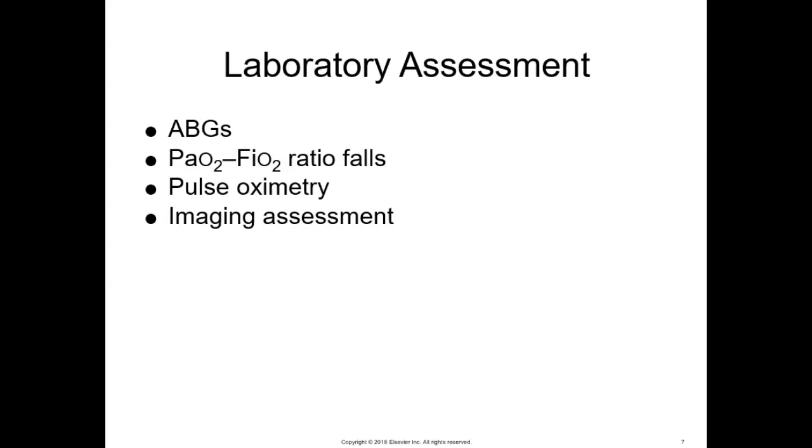Laboratory assessment: the hyperventilation triggered by hypoxia and pain first leads to respiratory alkalosis. The PaO2-FiO2 ratio falls as a result of shunting of blood from the right side of the heart to the left without picking up oxygen from the lungs. Shunting causes the PaCO2 to rise, resulting in respiratory acidosis.